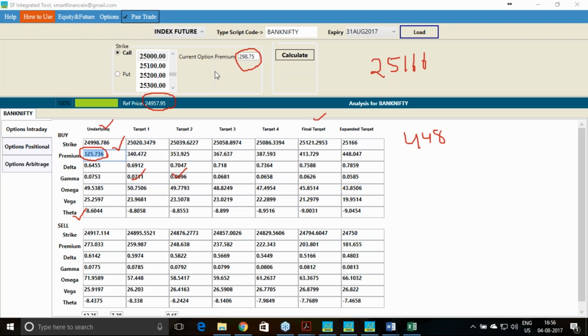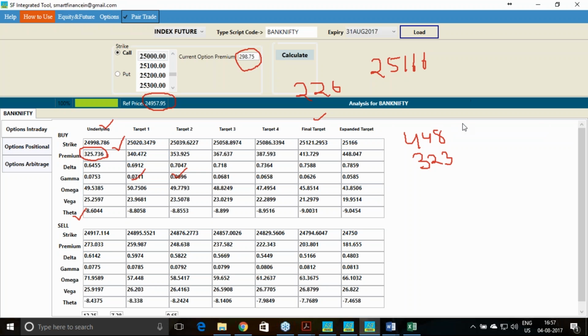So now I am selling the 25,200 call option. Currently it is at 225, and it will be trading at 226 at that time. If it is going there, it will be 323, the final target 323. So 226 I can sell, and I'll give you a very small hedging idea.